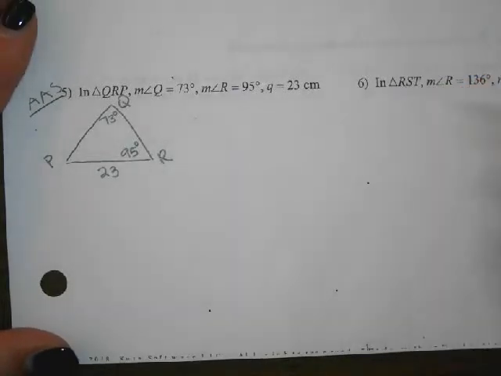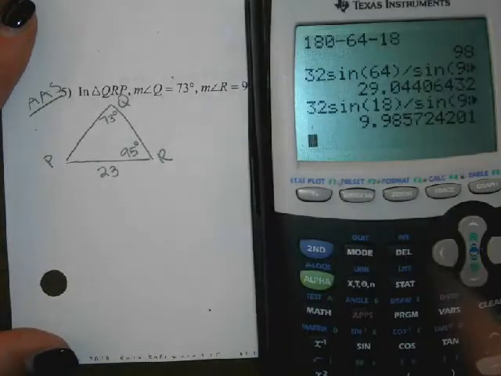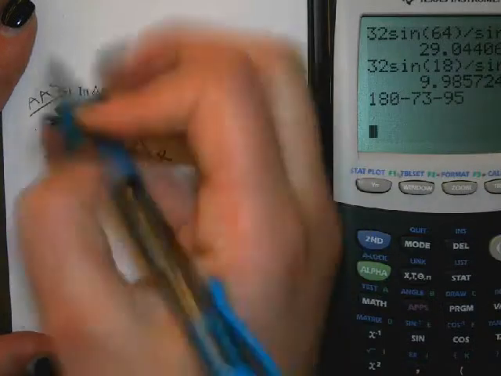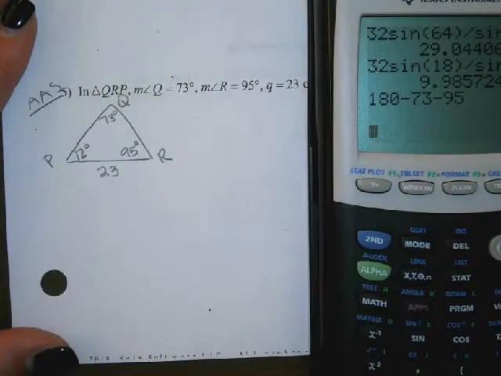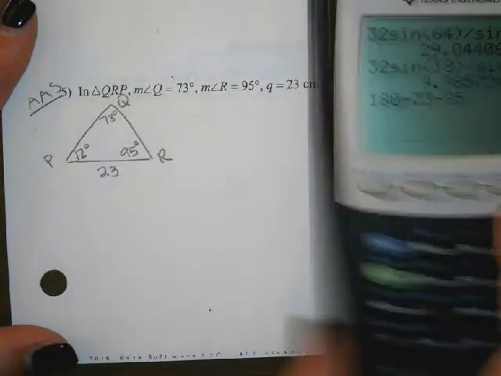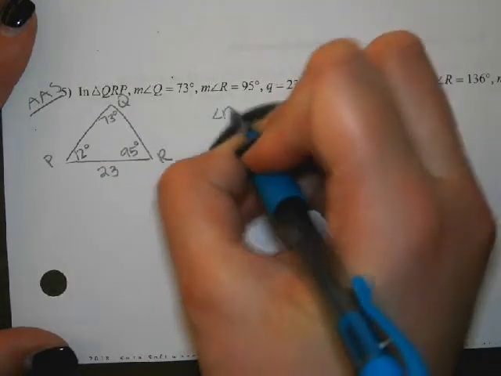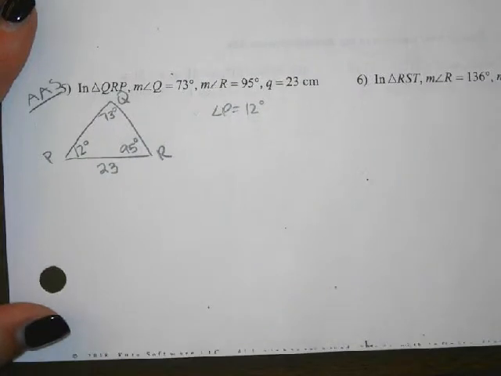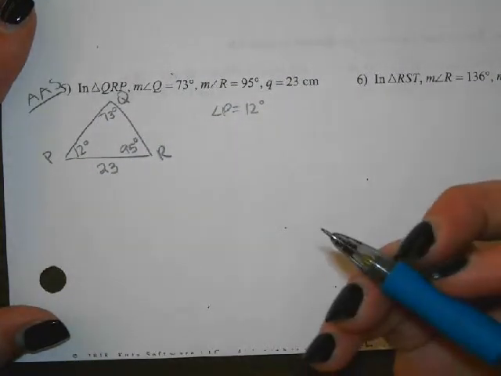All right, so what could I find first? Yeah, the last degree measure, right? The last angle. So I'll go ahead and do 180 minus 73 minus 95, so 12. All right, and then how do I set up the law of sines?